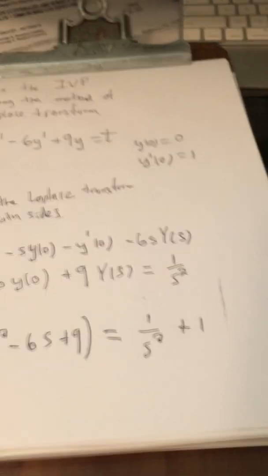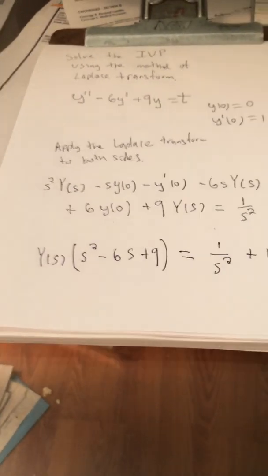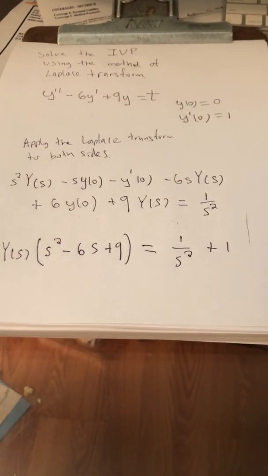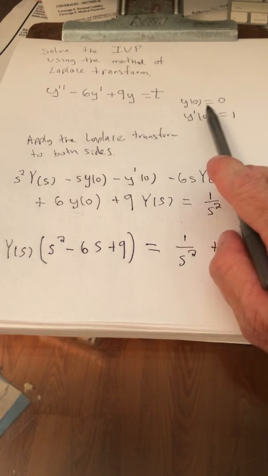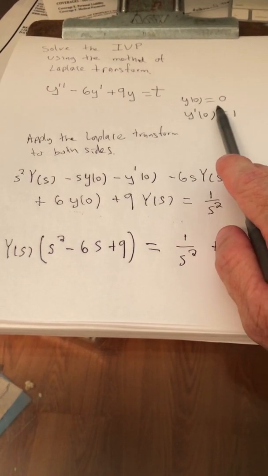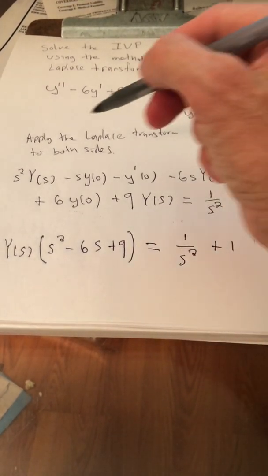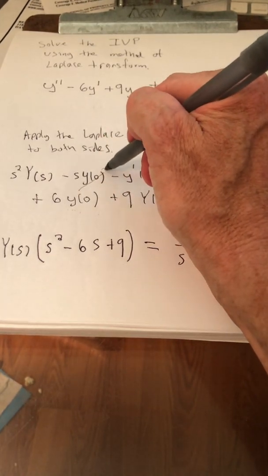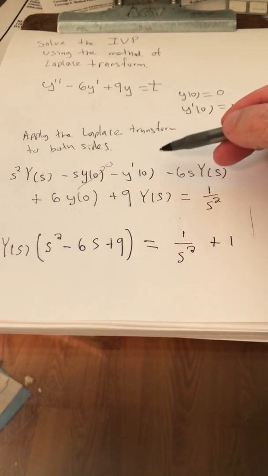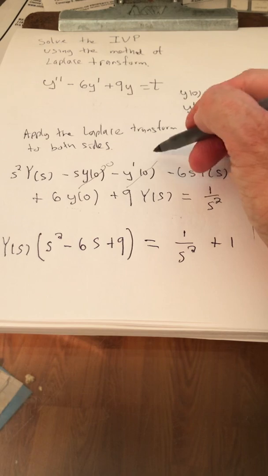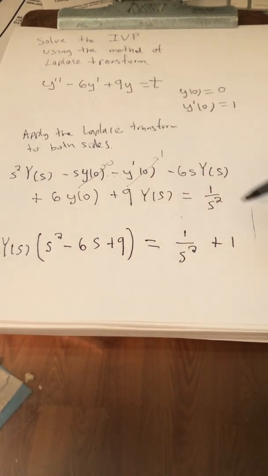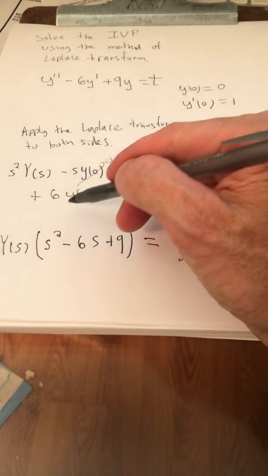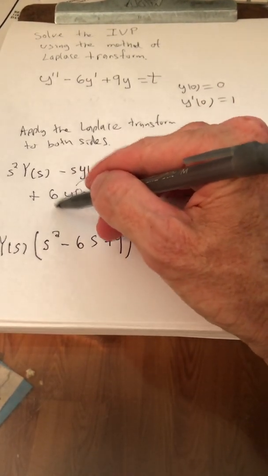Take a moment and verify this, please. Y prime of 0 is 1, y of 0 is 0. So what's going on is here y of 0 is 0, y prime of 0 is 1. So this minus 1 gets added to the right side as a plus 1. And again, y of 0 is 0.